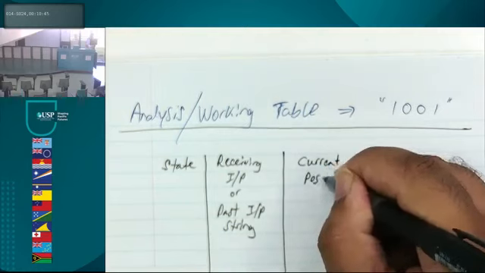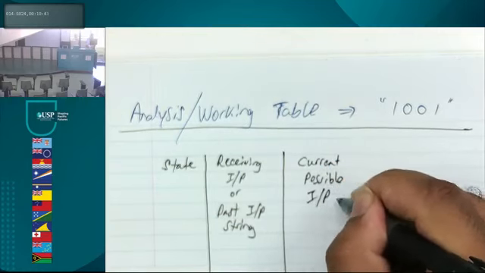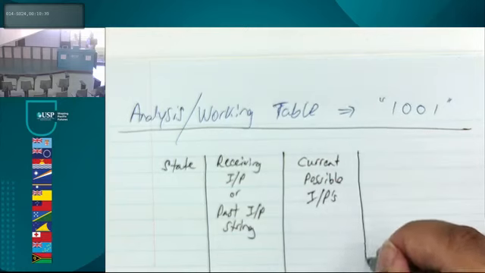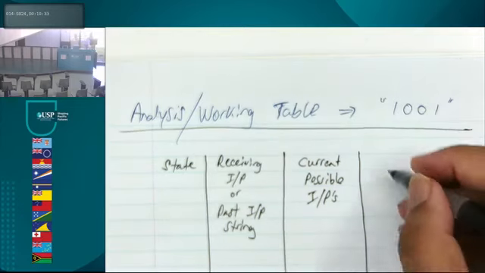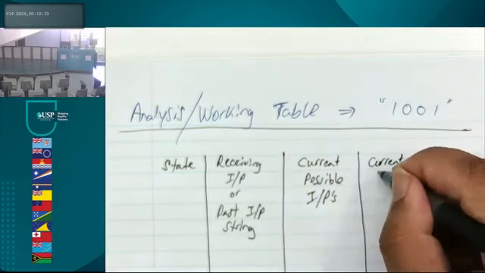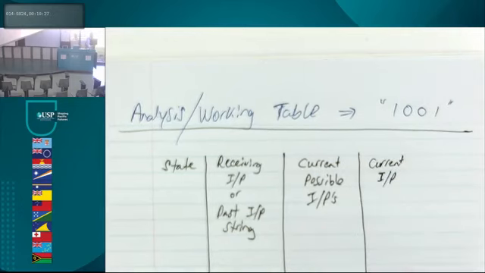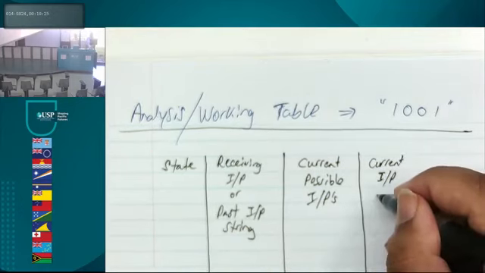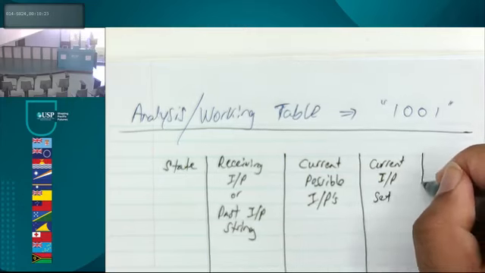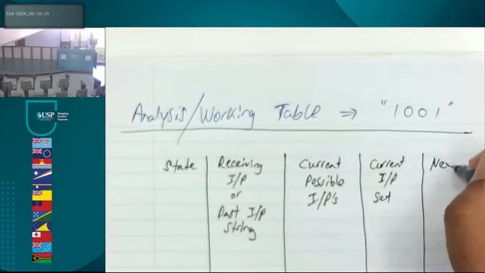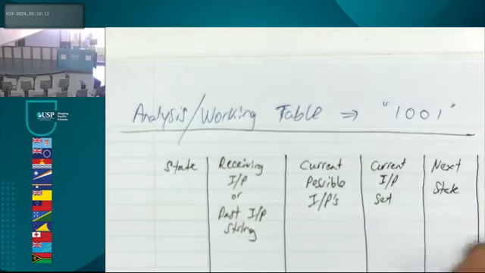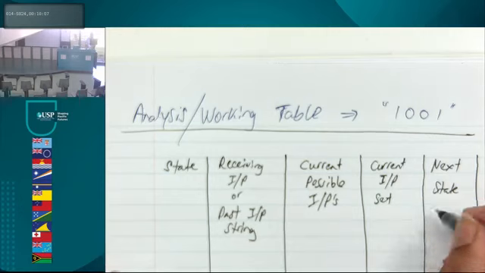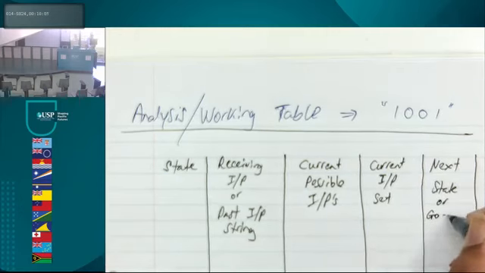Current possible inputs. Current input set. Possible next state, or sometimes people say the go-to state.